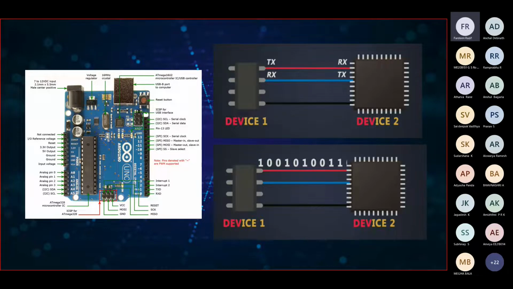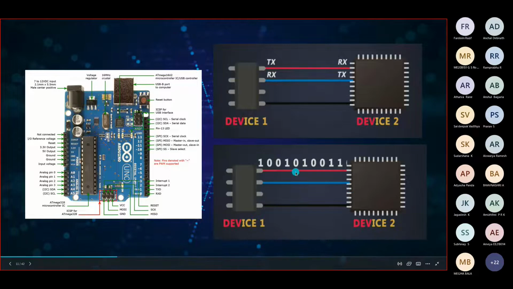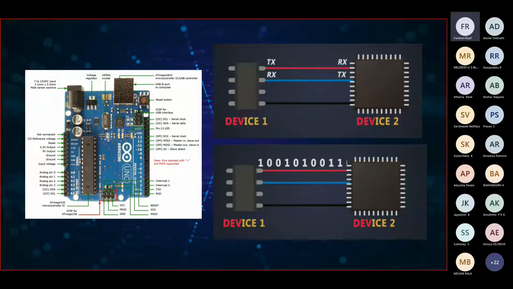On the red line, only device 1 can transmit data to device 2, and on the blue line device 2 can transmit data to device 1. The black bar is basically the common ground for both the microcontrollers. And on the bottom picture you can see the data transmission, which is bit by bit. This is what I talked about earlier.